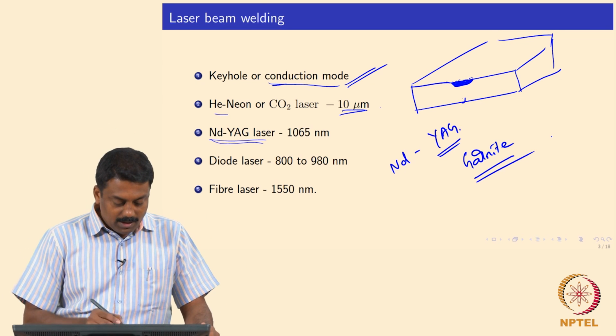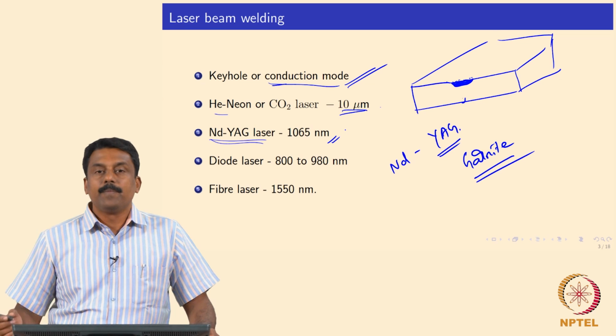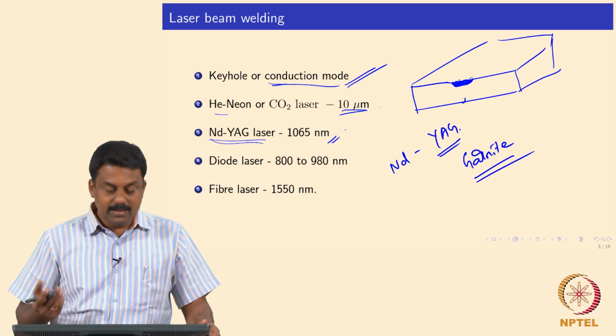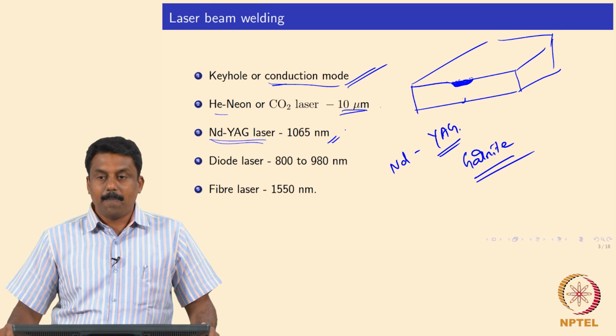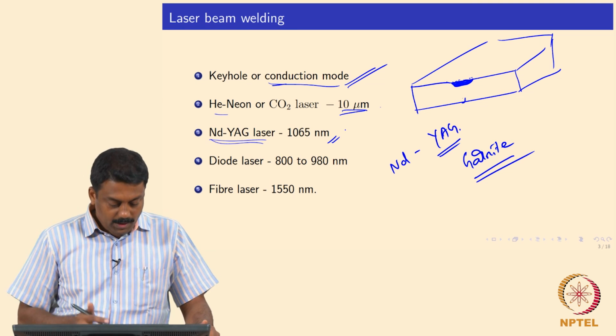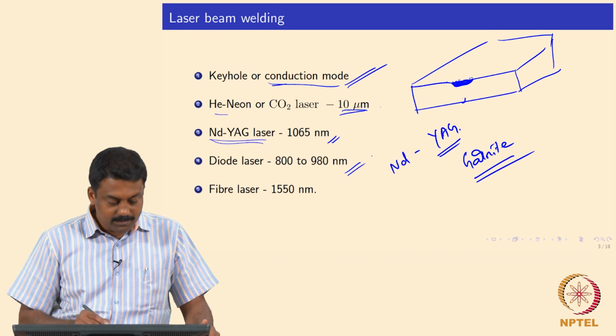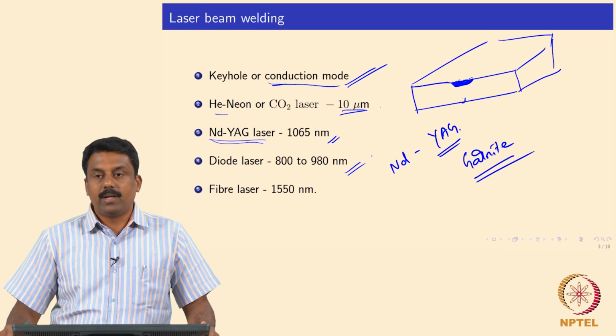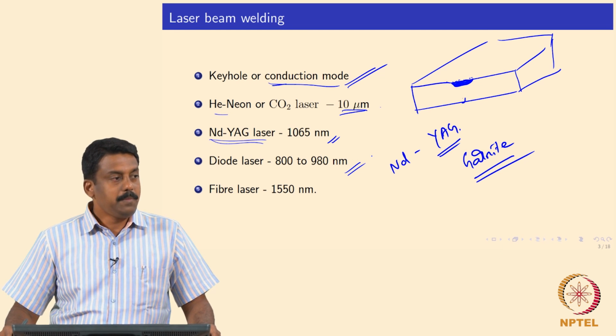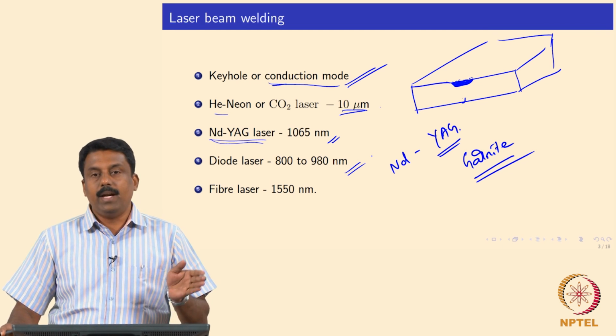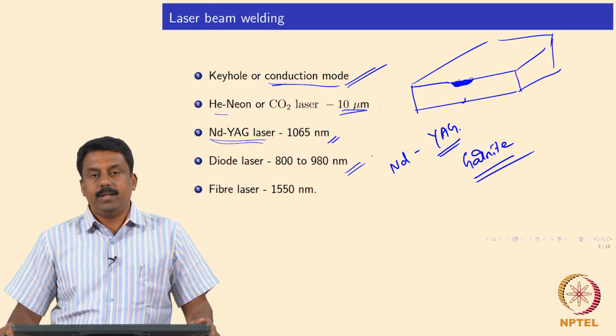So when you use the Nd-YAG, the wavelength of the laser is 1065 nanometers. And of course you can also use various diodes. Diodes can also generate lasers, and the wavelength of diode lasers can be varied from 800 to 980 nanometers.